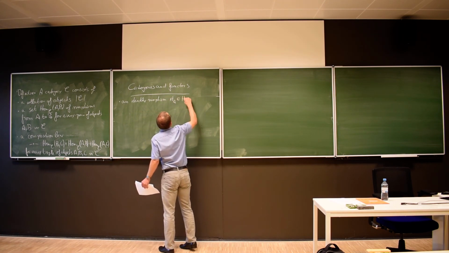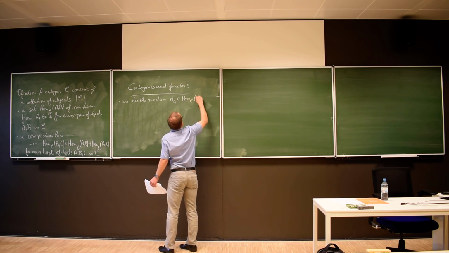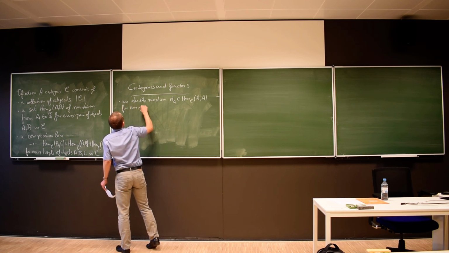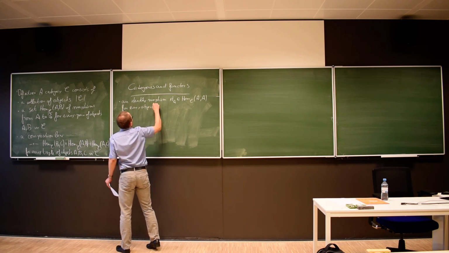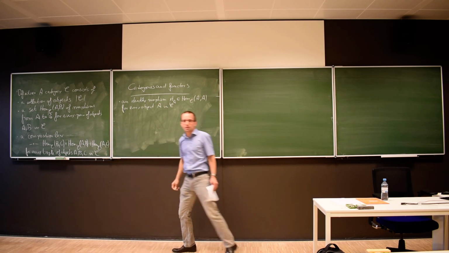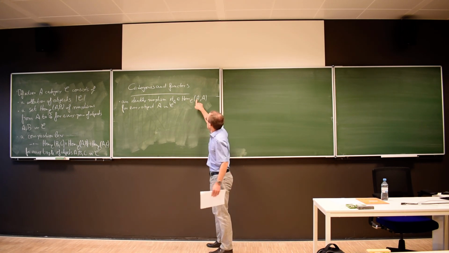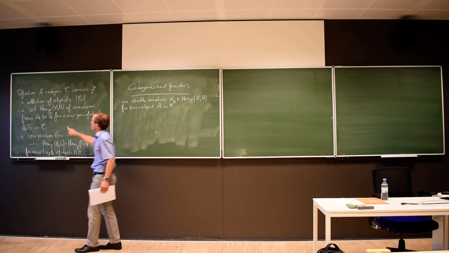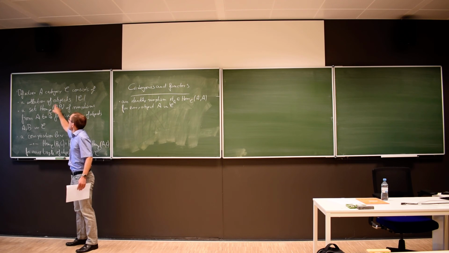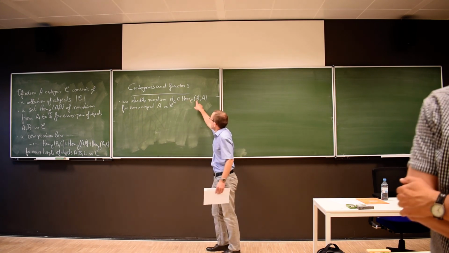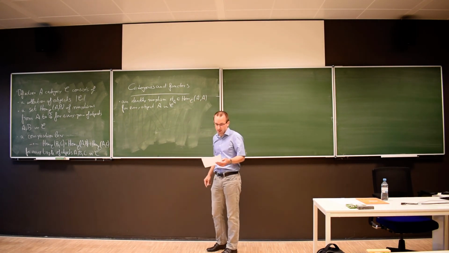That's an element of the set of homomorphisms in C from A to A for every object A in our category C. These identity morphisms only live in the morphism sets where the two entries coincide. In general, we do not require that this set has to be non-empty. We only require there to be a specific element in the case where A equals B.